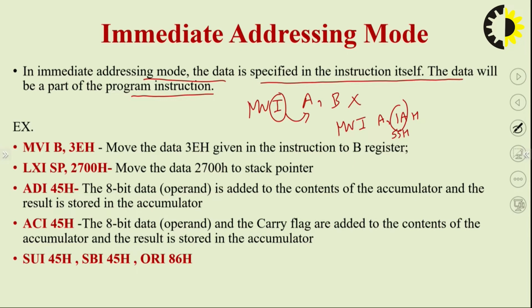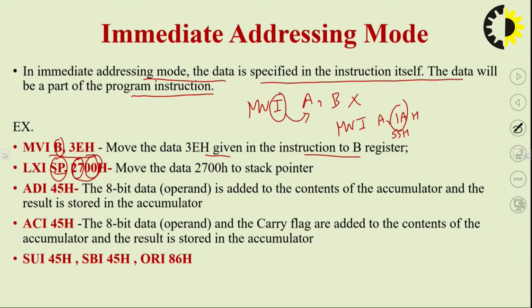Another example is MVI B, 3H: move the data 3H given in the instruction to the B register. The B register is a general purpose register. LXI SP, 2700: LXI means we are loading the contents into the stack pointer register. The stack pointer is a 16-bit register, so 16-bit contents will move into it. It will not be only 27, it will be 2700. This is the lower byte, this is the higher byte.